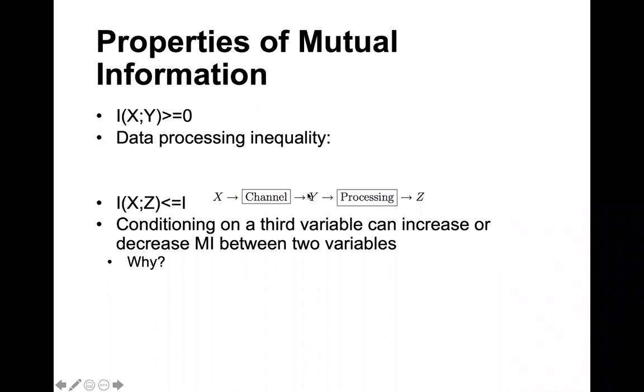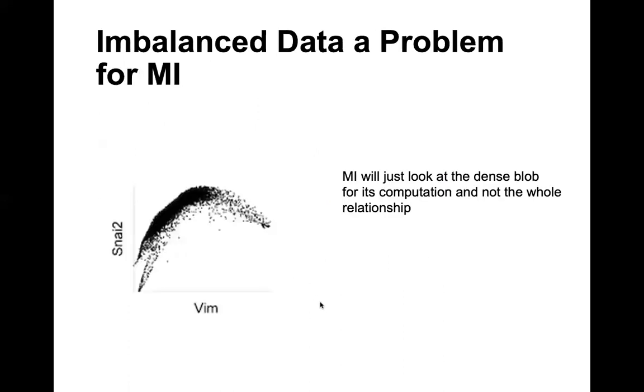If there's a direct relationship, the idea is that X has less information about Z than Y does, because Y is an intermediary. But conditioning on a third variable can actually increase or decrease information about a variable because of this reason.